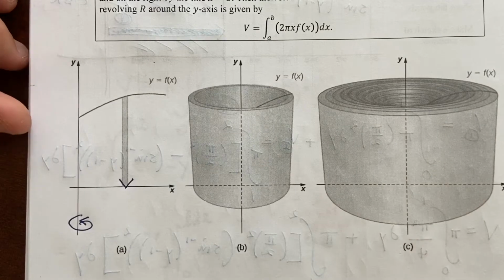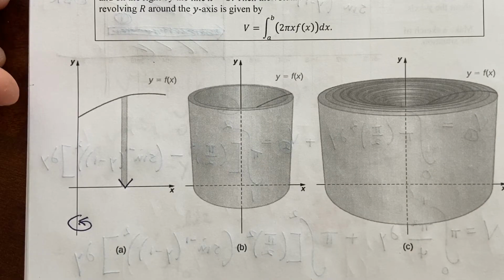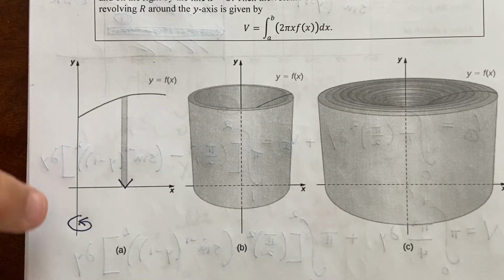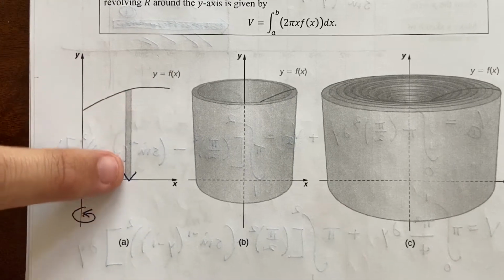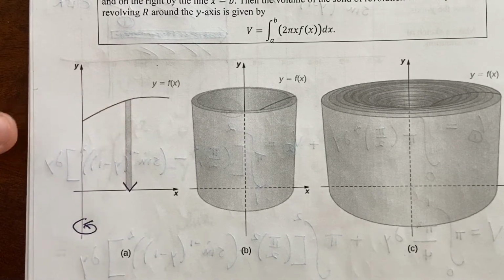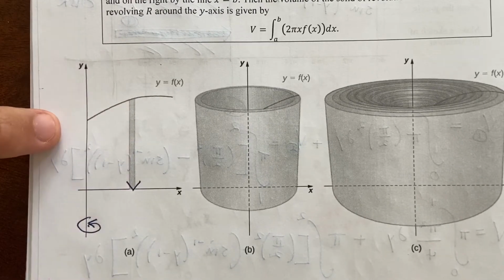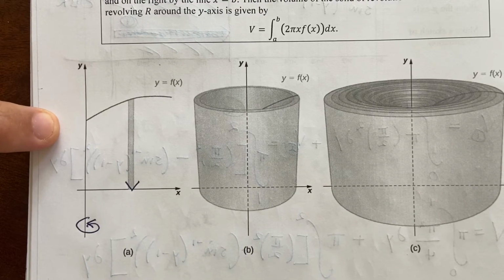We're taking a slice that's pointing at the x-axis. So instead of integrating with respect to y, we can actually still integrate with respect to x, even though this sliver is getting rotated around the y-axis.